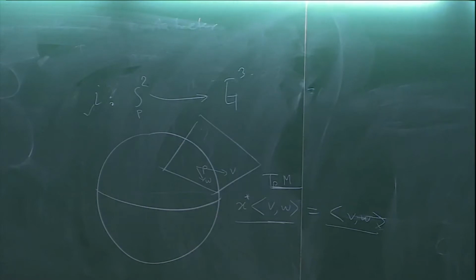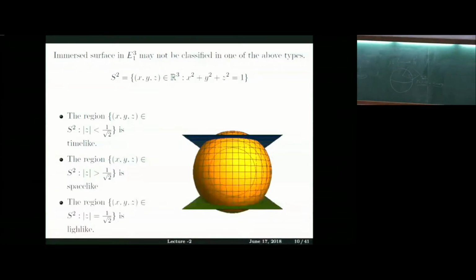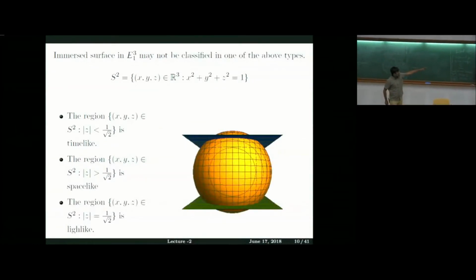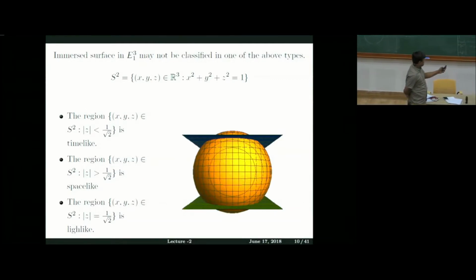What is the topology of E13? The topology is just the vector space topology. R3 is a vector space, right? It is the topology of R3 here. So it is clear? So space-like, time-like, and light-like. Again it is the case of curves; we have seen a surface may not be just one. This is a sphere.